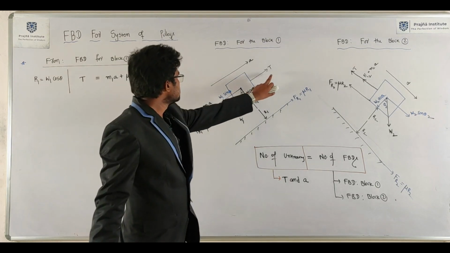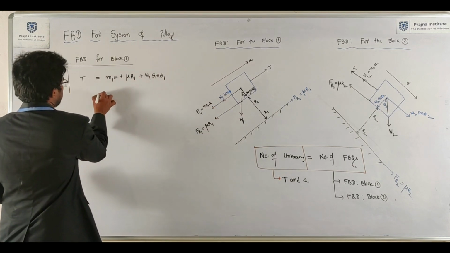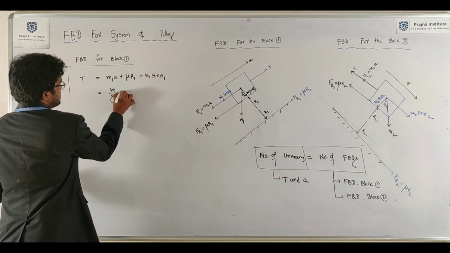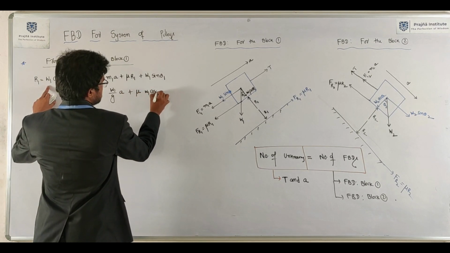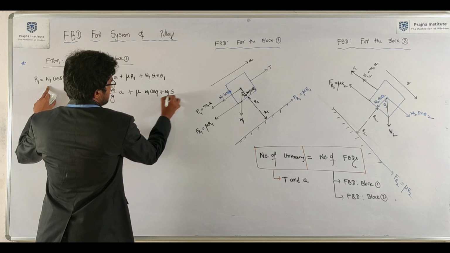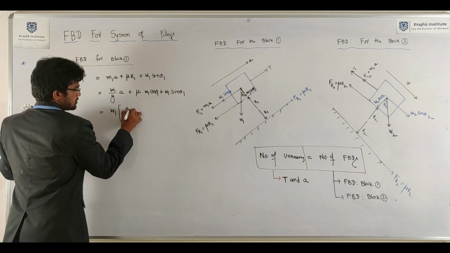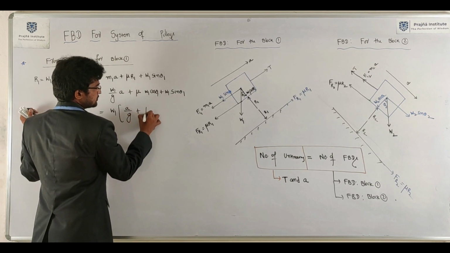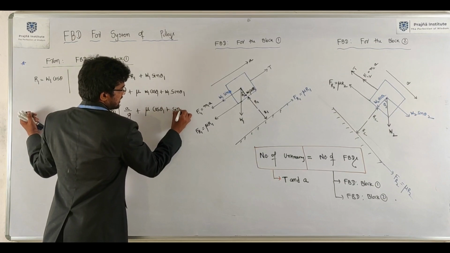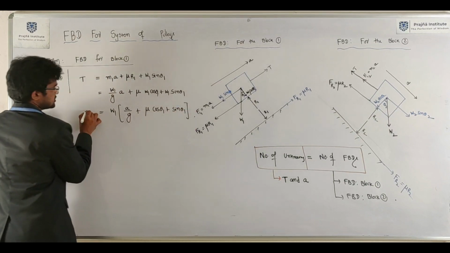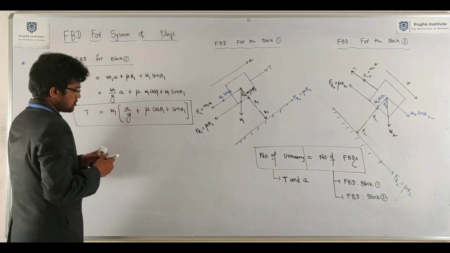Correct? T equals M1A plus mu R1 plus W1 sin theta 1, which is W1 into (A by G plus mu cos theta 1 plus sin theta 1). This is all about tension. Equation number 1.